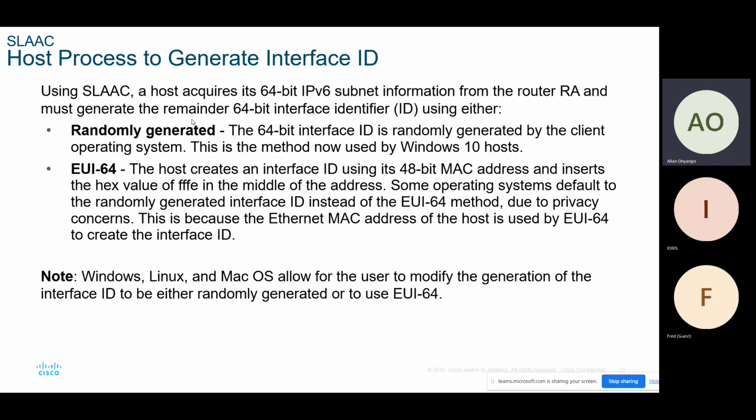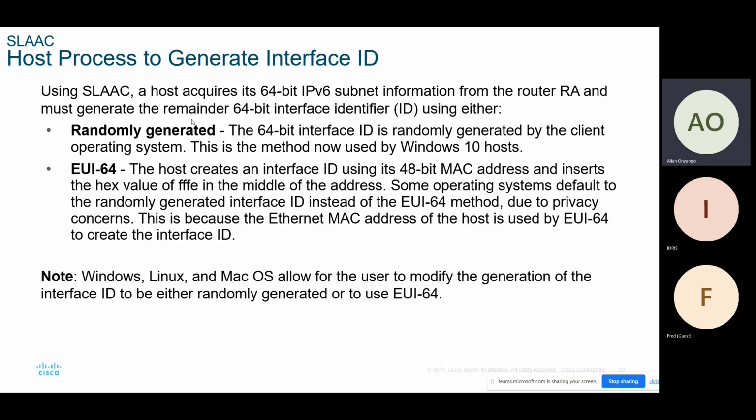With the randomly generated method, the PC just automatically generates the 64 bits randomly, and puts it together with the other 64 bits from the router, and it forms a whole 128 bits. This is very commonly used in Windows 10 host devices.